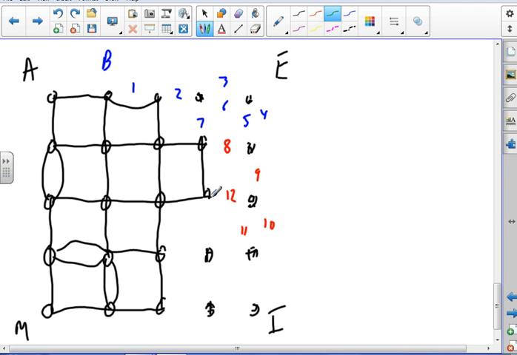So we're at 12, 13, 14, 15, 16, 17, 18, 19, 20.